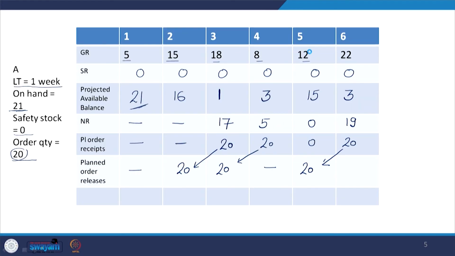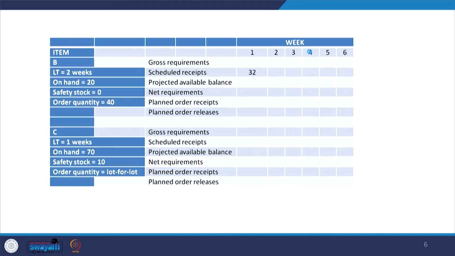Then week 5 you are making 20 A, that is again 40, and finally, for this we have no idea. Scheduled receipts are 32. So, projected available balance is 32 because you are going to receive these 32 here and there is no consumption. So, it will remain 32.